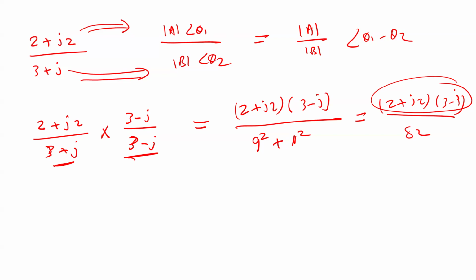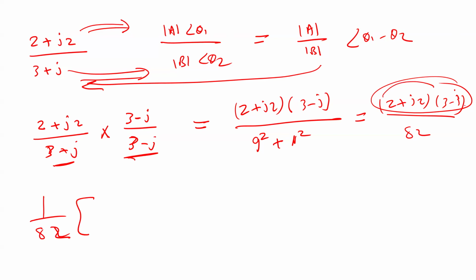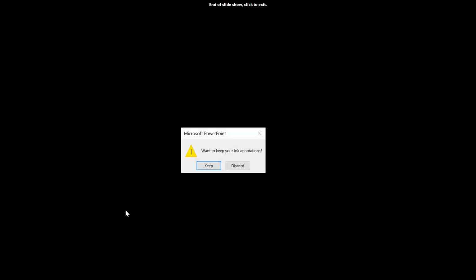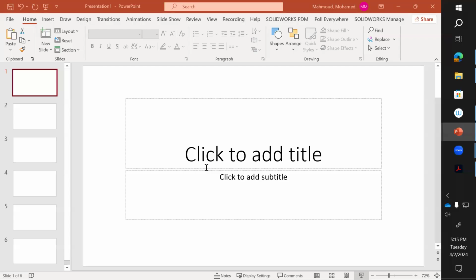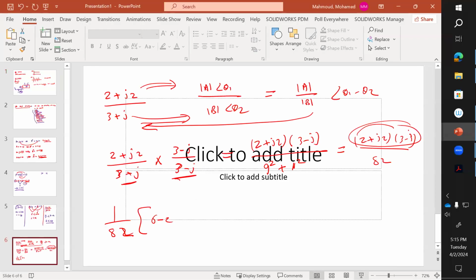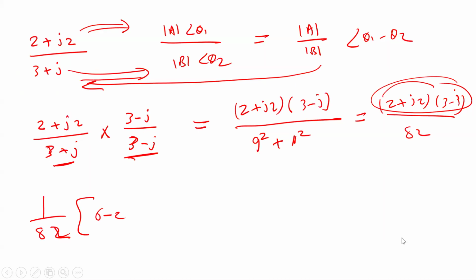In my opinion, the easier way is to convert to polar, and you can actually return it to rectangular again if you want. Here it should be 1/10 times the multiplication as I explained before, like 6 minus 2j. Let me use a different color. I'm multiplying 2 here and 2 here, j here and j here.